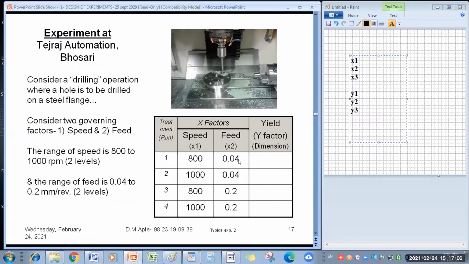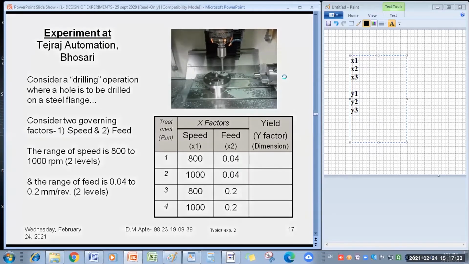This 0.04 is termed as minus. 0.2 will be termed as plus in our design of experiment language. So with this, what would be the minus and plus signs seen in the table? It will be minus, plus here, and minus, plus here.